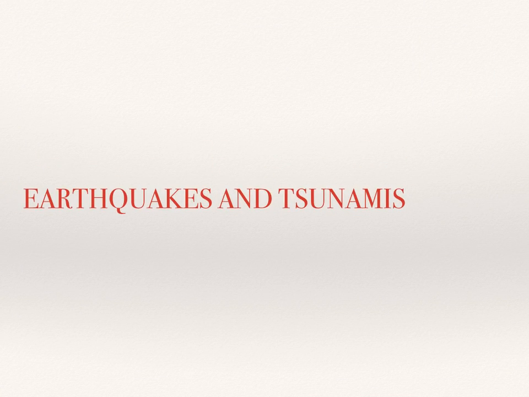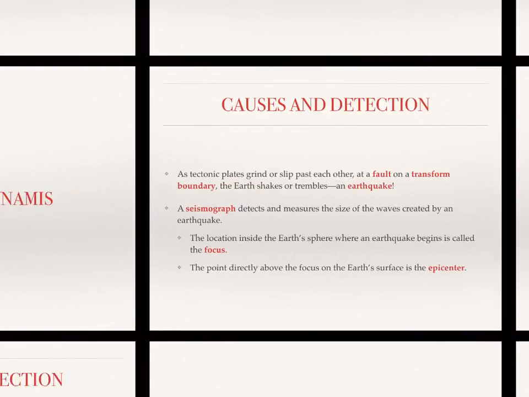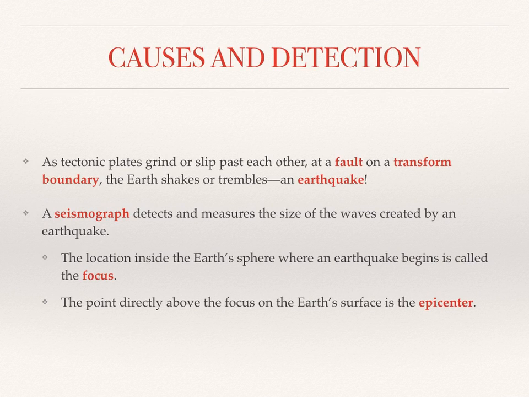Earthquakes and tsunamis. Causes and detection. As the tectonic plates grind or slip past each other, the earth will shake and tremble. This is an earthquake. Tectonic plates slip past each other at what's called a fault or a transform boundary.